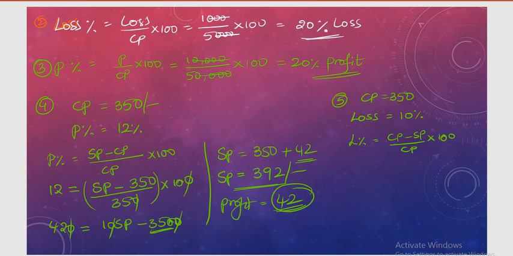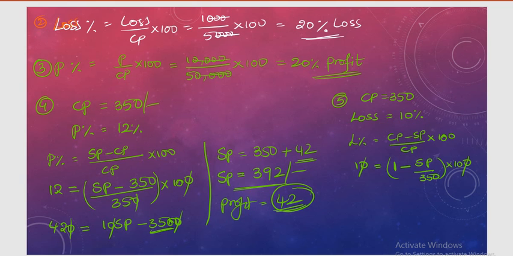Now substitute the values. Loss percentage is 10. So 10 is equal to, here CP by CP I can write as 1, minus SP by CP, which I can write as SP by 350, into 100. So these 0 0 I can cancel.